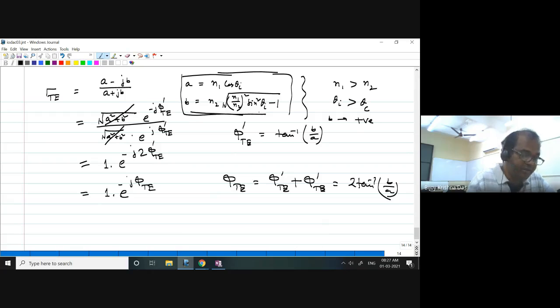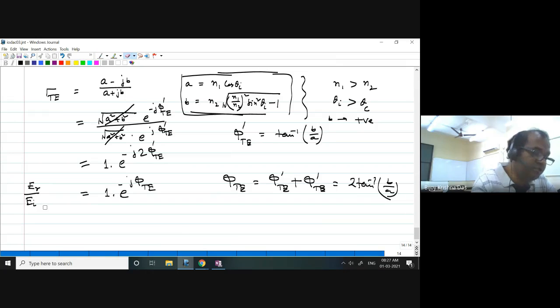So what we are getting is gamma t, the reflection coefficient. Reflection coefficient means the value of the reflected light divided by the incident light.